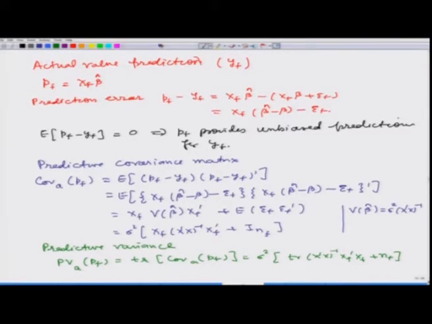So, now we have obtained the predictive covariance matrix and predictive variance of PF, but we can again see that these two expressions depend upon sigma square, which is unknown. So, now we try to find estimates of the covariance matrix and predictive variance of PF when they are used for actual value prediction.